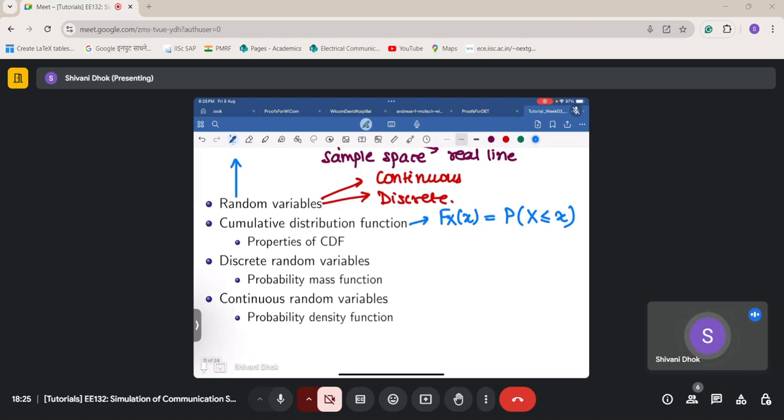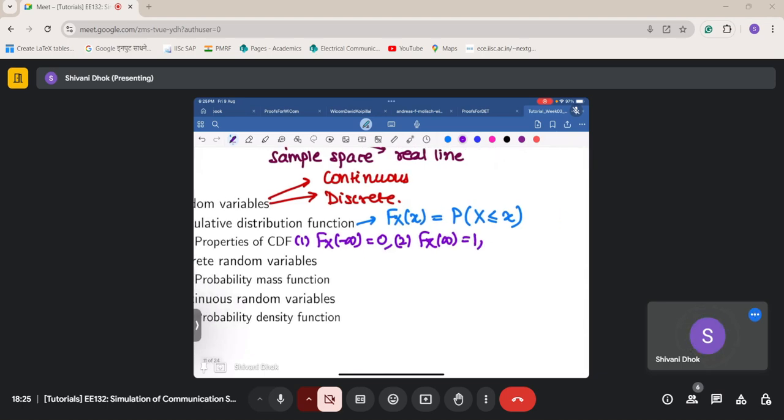And this CDF has certain properties. The first property is Fx of minus infinity is 0. The second property is Fx of infinity is 1. Then we have that it is right continuous.